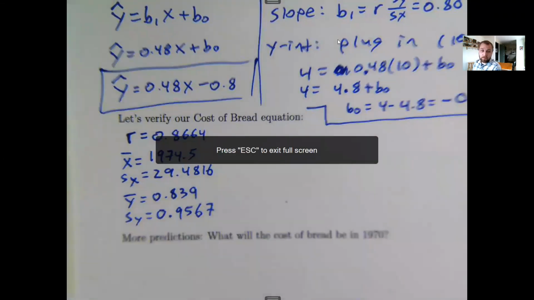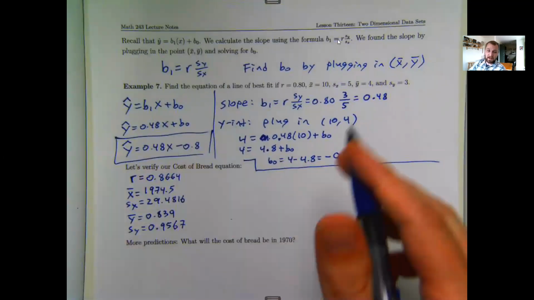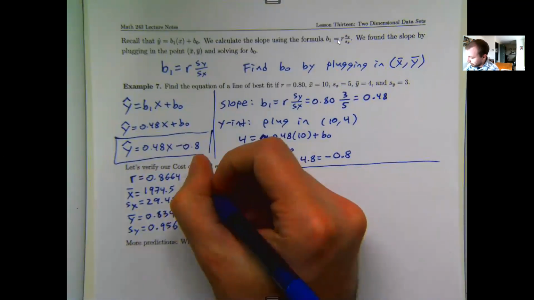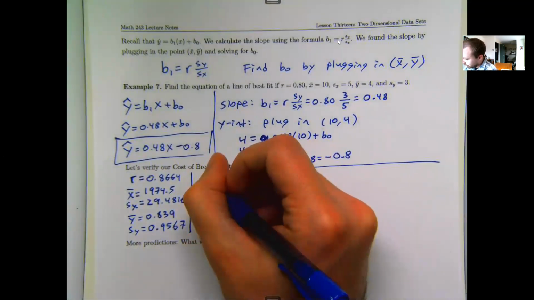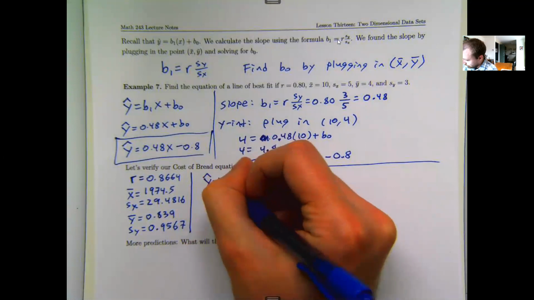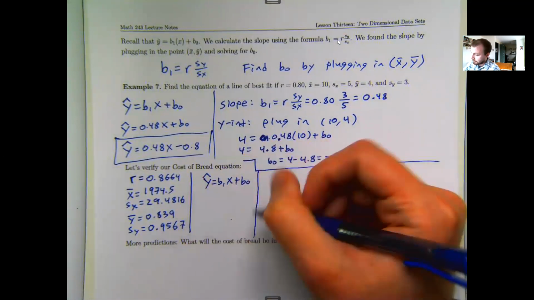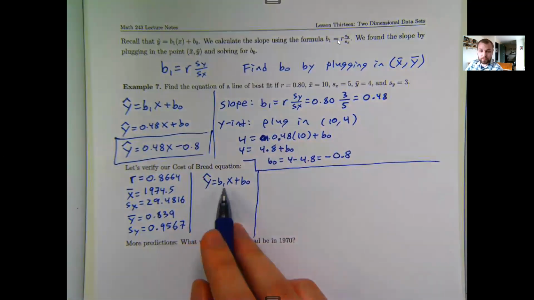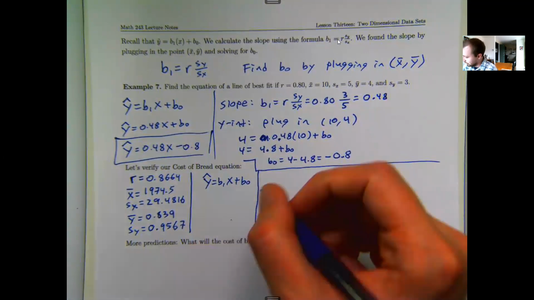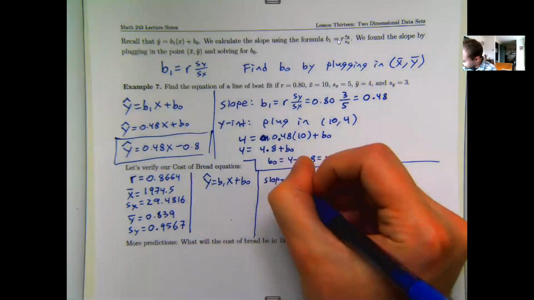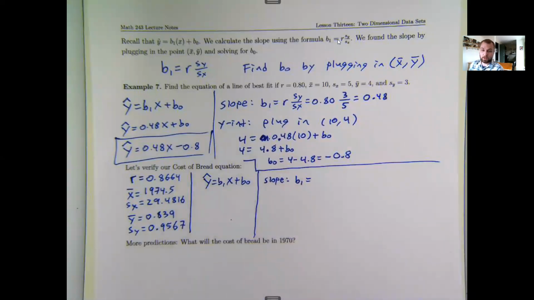Now that I have all of these individual values, let's use these equations that I have to calculate my line by hand. I'm going to start with sort of the template. Y hat is equal to my slope times my x plus my y-intercept. And I'm going to start that process with finding the slope b1.